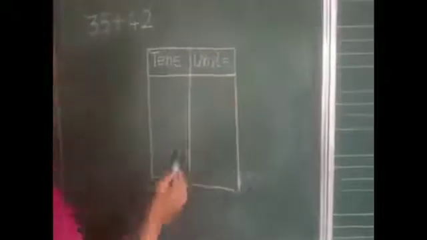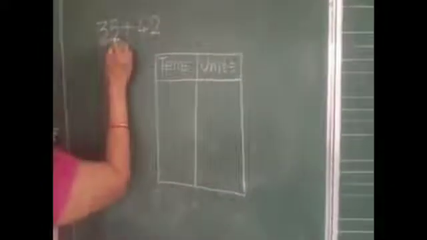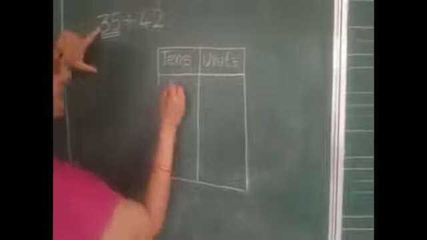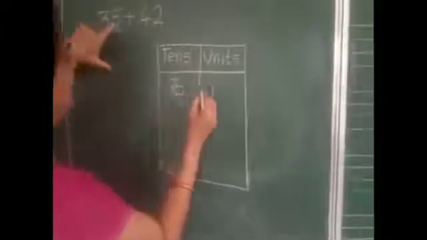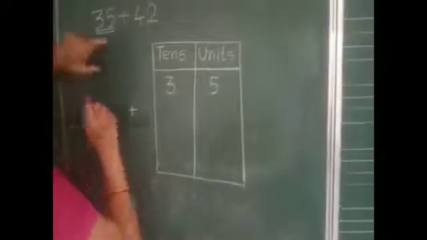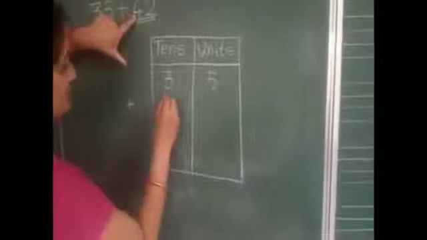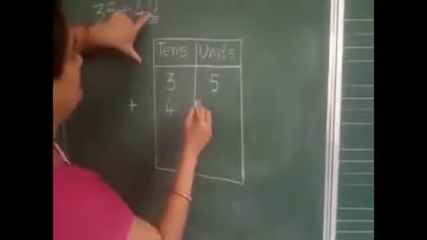Here which number is this? 35. Digit 3 will be written in the tens place and digit 5 in the unit place. Then put the addition sign here. Which number is this? 42. Digit 4 will sit in the tens place and digit 2 will be written in the unit place.